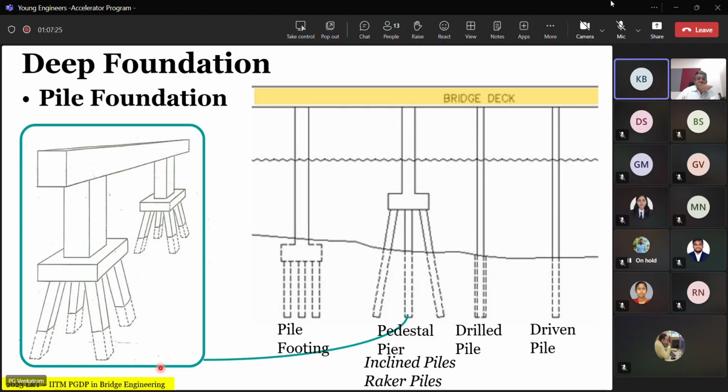Offshore structures. Okay, I'm now talking in terms of bridges. Where do you use the raker piles? Or even in offshore, the principle is the same in an offshore structure.